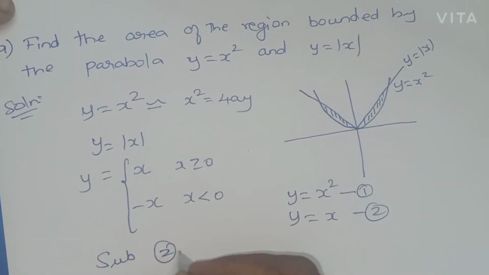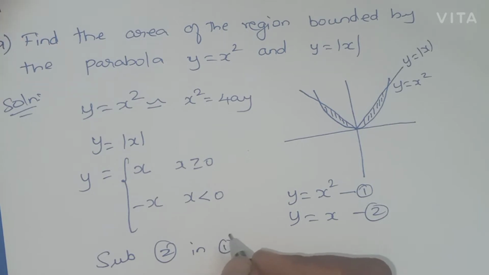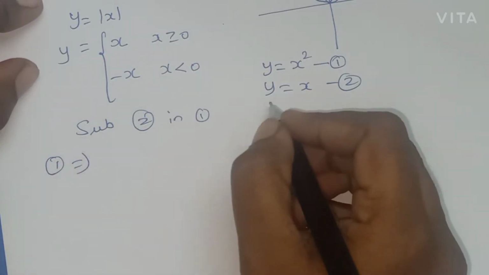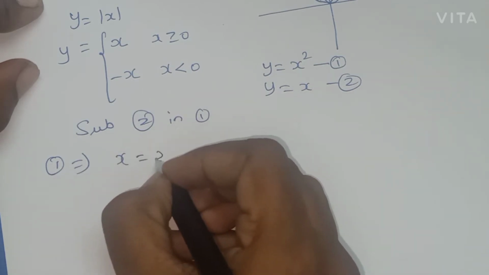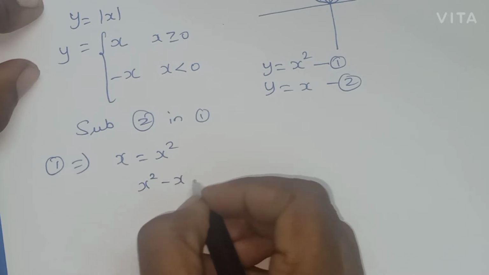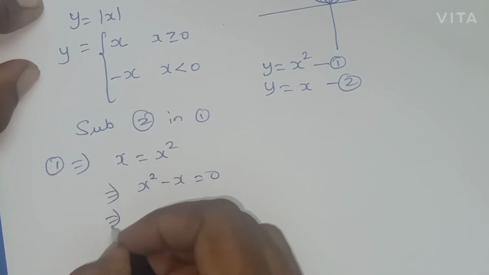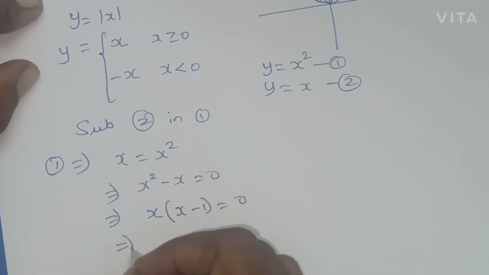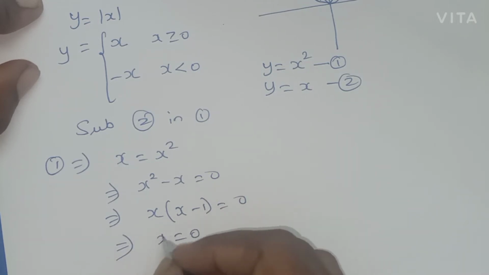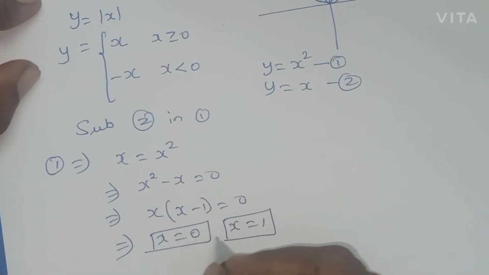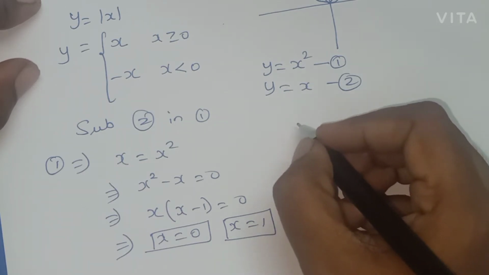So x is equal to x square. Now x square minus x is equal to 0. If I take x commonly out, we get x into x minus 1 equal to 0. So x is equal to 0 and x is equal to 1.